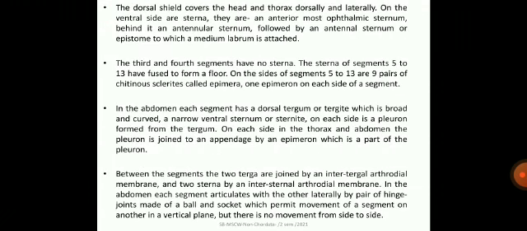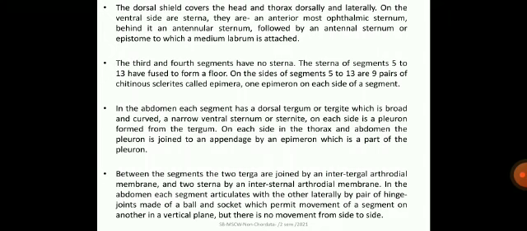Some more information about the exoskeleton you can have from this particular slide. The dorsal shield covers the head and thorax dorsally and laterally. On the ventral side are sterna. They are an anterior-most ophthalmic sternum, behind it an antennular sternum, followed by an antennal sternum or epistome, to which a median labrum is attached.